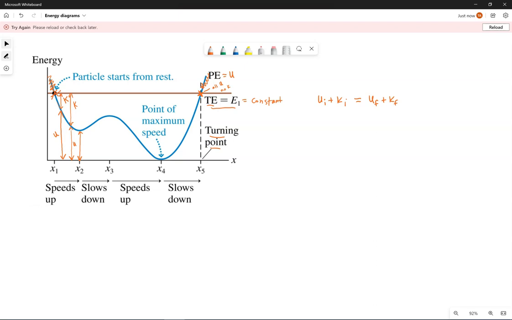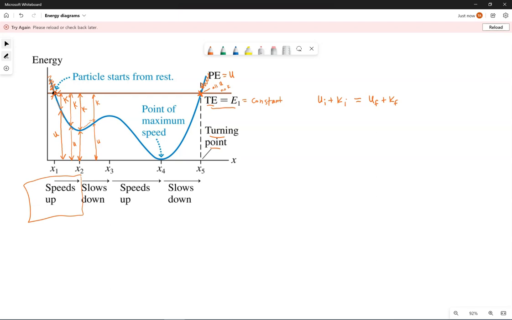The bottom of the bowl, this kinetic energy is the biggest it's been in this section, but now as we continue to the right, the potential energy is increasing, which means kinetic energy is decreasing. So down here at the bottom, this is essentially explaining what we would be seeing.